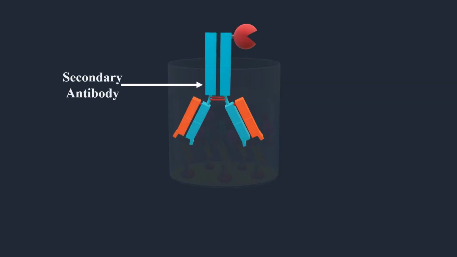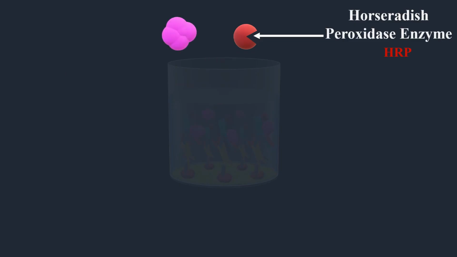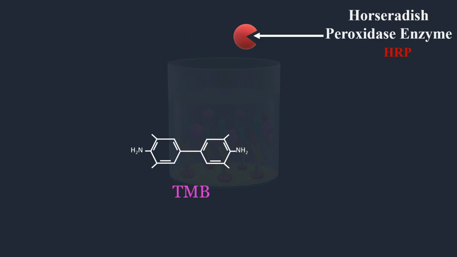To enable the detection in indirect ELISA, the secondary antibody is typically labeled with an enzyme, such as horseradish peroxidase, HRP. Various detection reagents have been developed for HRP, but one of the most widely used chromogenic substrates is tetramethylbenzidine, TMB.